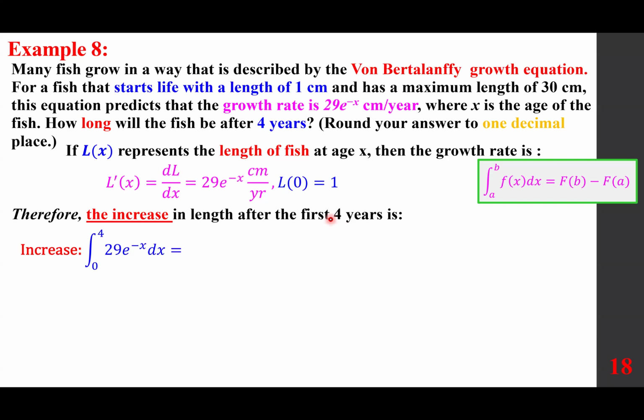This is the amount of increase, everybody. Now, we are going to work on this. 29 divided by -1 makes it negative 29 e to the power minus x from 0 to 4.